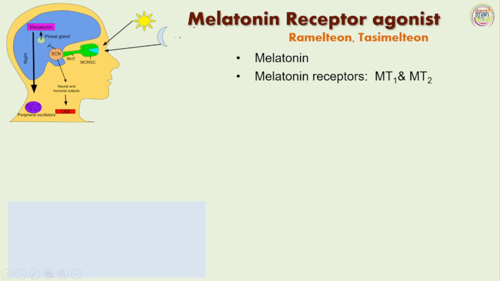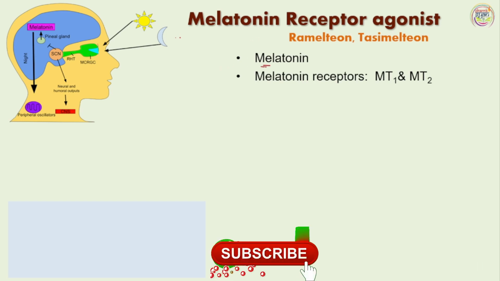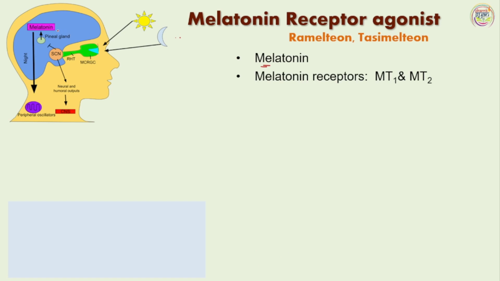The first category of drugs is the melatonin receptor agonists, Ramelteon and Tasimelteon. We know that melatonin is a hormone primarily secreted by the pineal gland at night, and it regulates the sleep-wake cycle.